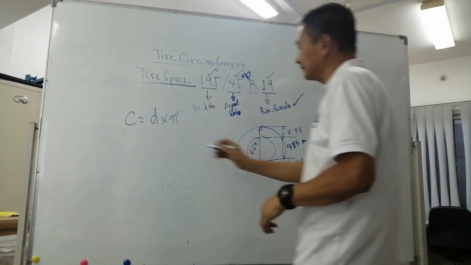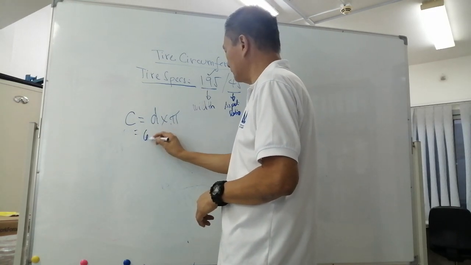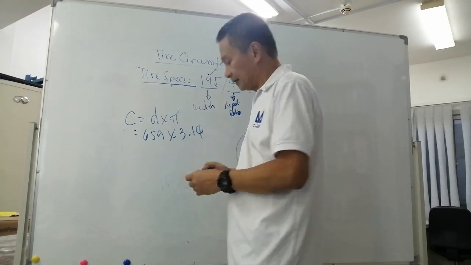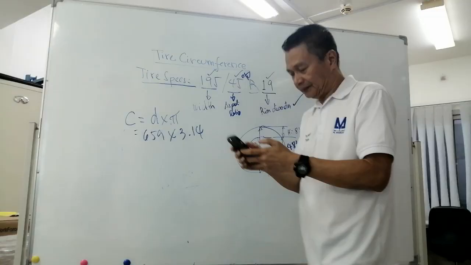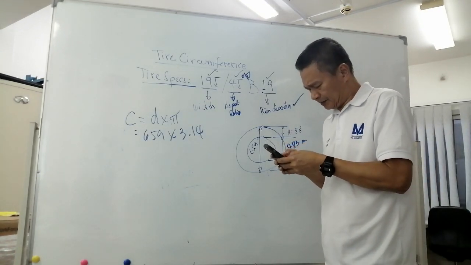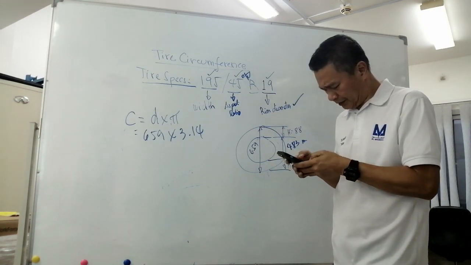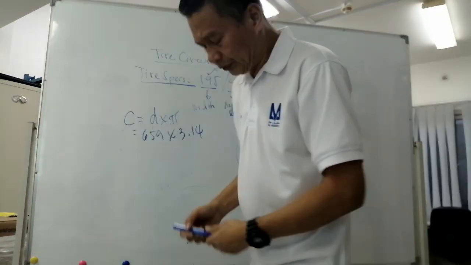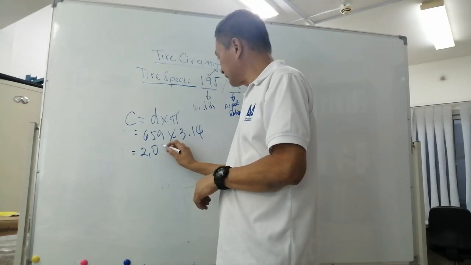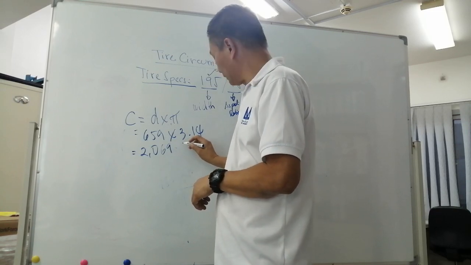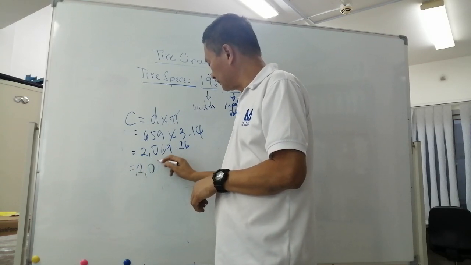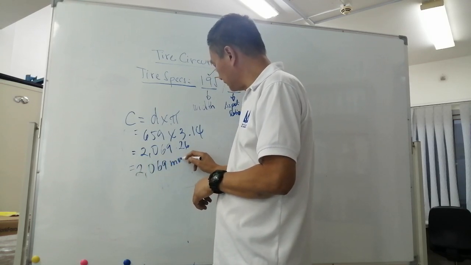So 659 multiplied by 3.14 is 2069.26, or we can say 2069 mm.